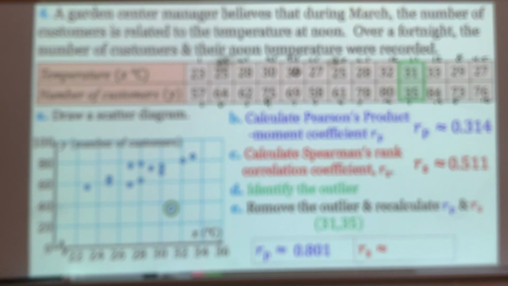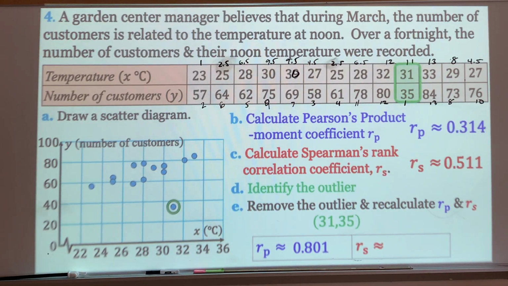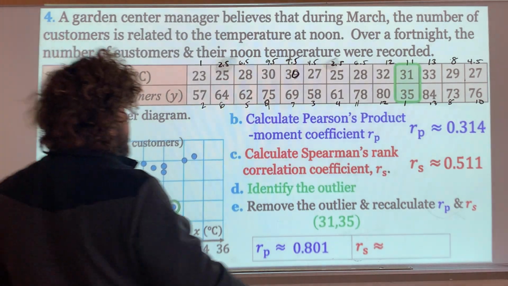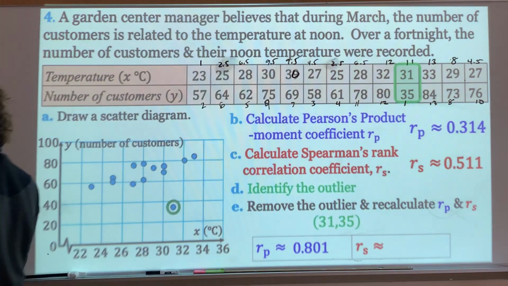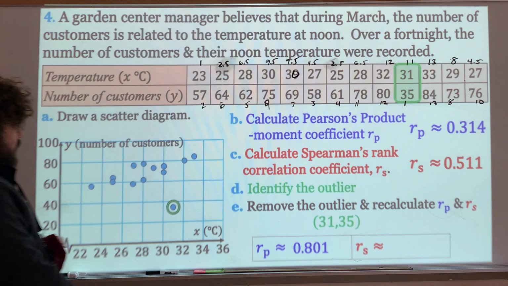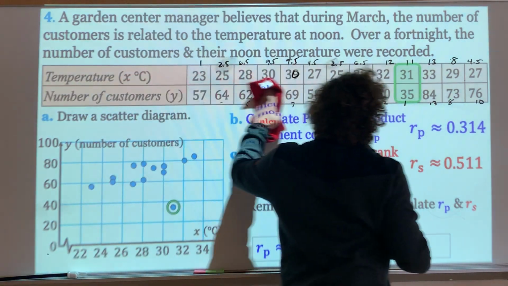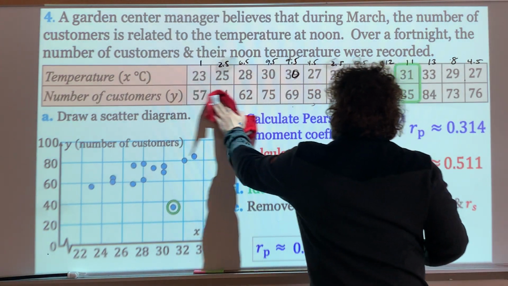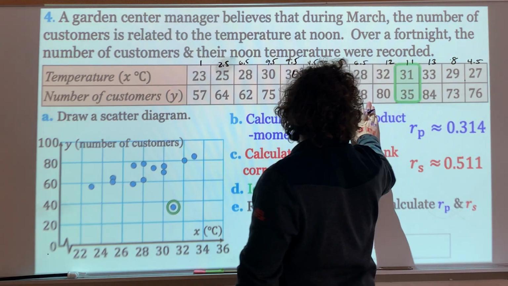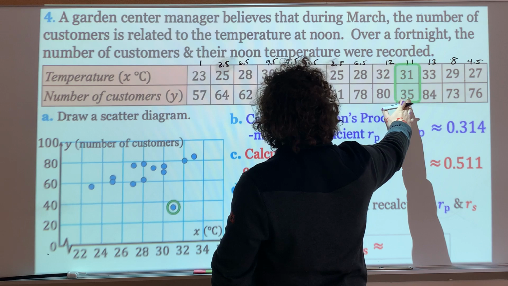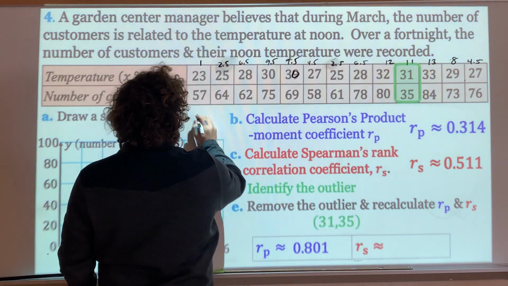When we do it without the outlier, when we get rid of this, it's going to change all of our regression coefficients. So watch what happens. Just look at the bottom. You get rid of 1, so that means our new lowest one is not this anymore. So all our numbers are going to change. Instead of 35 being our lowest, it's going to be this one.